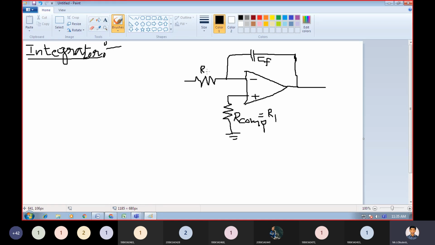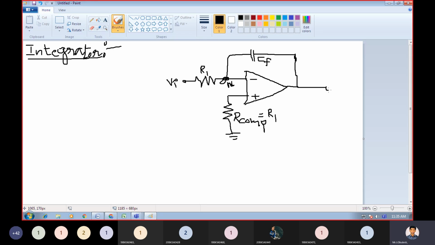Assume this is the node N. Here you apply the input voltage Vi through the resistor R1.